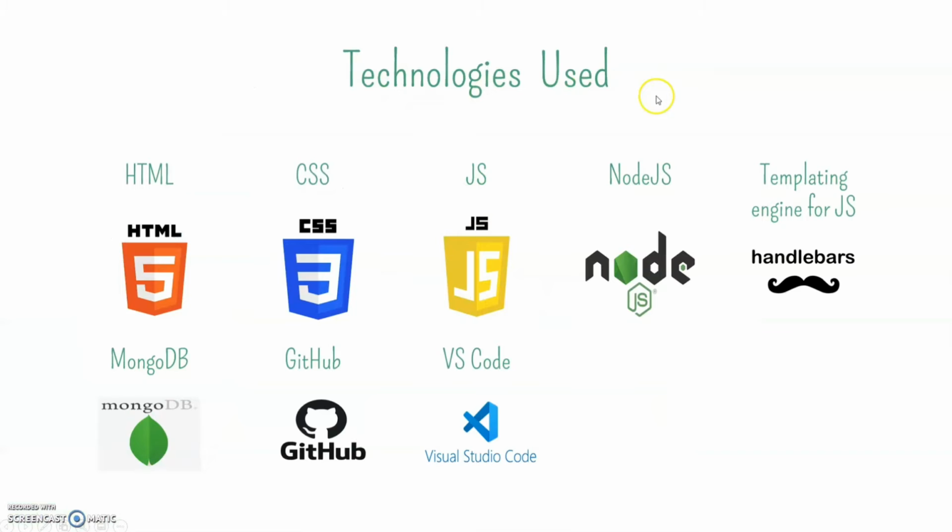So some of the technologies used are HTML, CSS, JavaScript, which are the very basic ones, and Node.js for the backend. And I use the templating engine in JavaScript known as Handlebars for rendering the view pages.